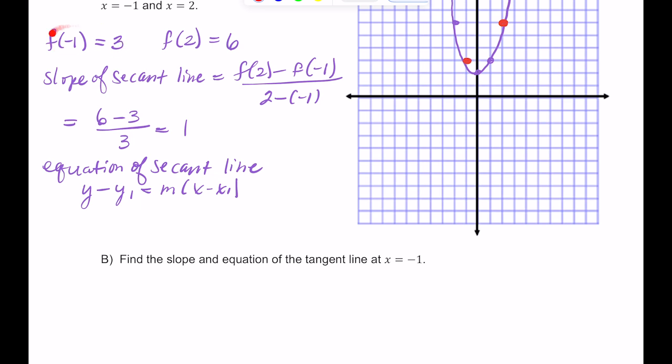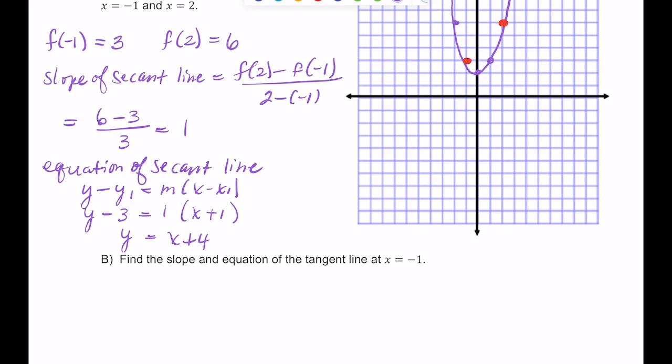Here's my x, here's my y, and I'm just going to substitute in. I would have y minus 3 equals your slope times x minus -1, which would just turn into x plus 1. Then I'm going to add 3 to both sides, and you would end up with y equals x plus 4.